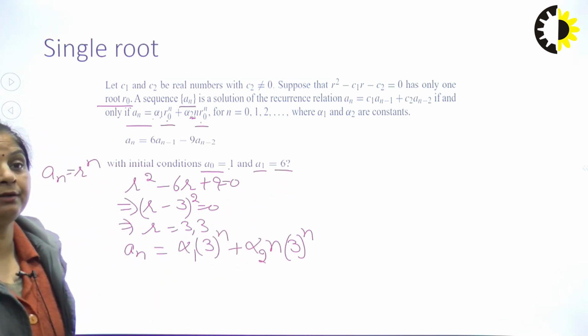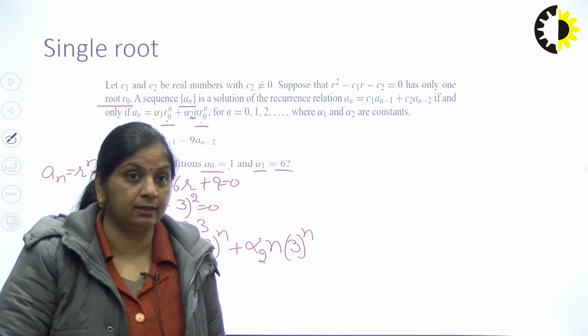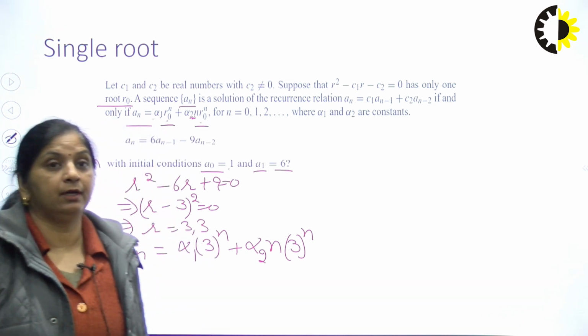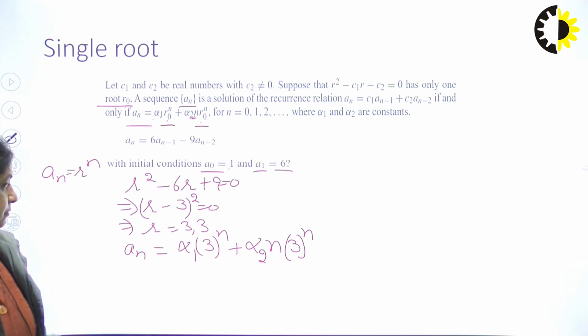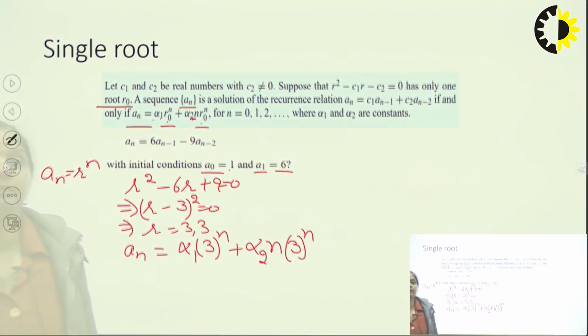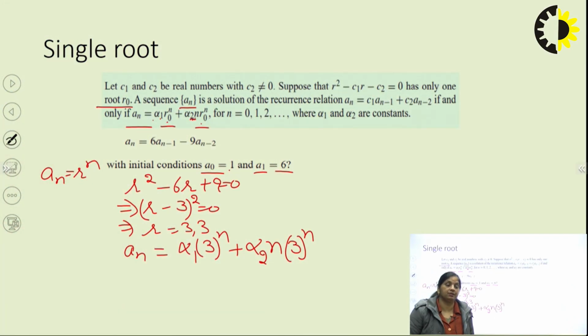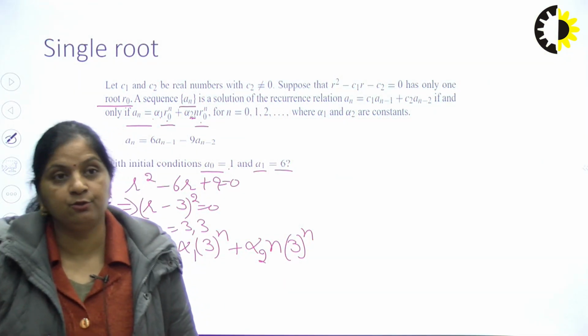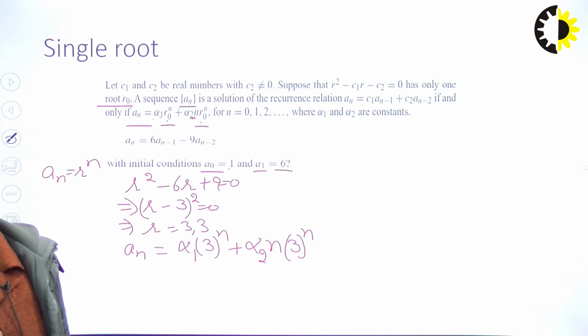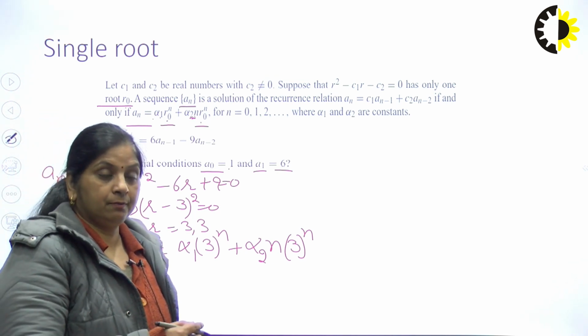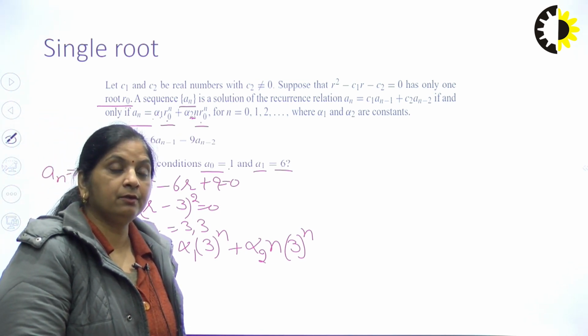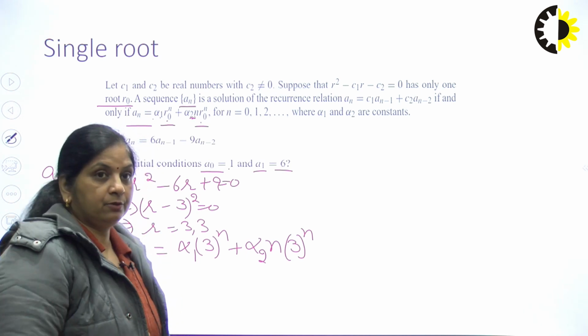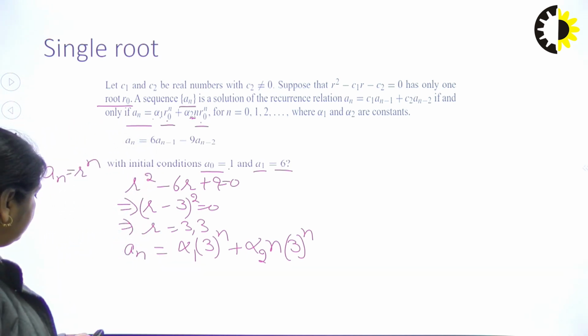By entering those values we will get the answer for alpha 1 and alpha 2. That will be the final answer. The two constants can be calculated from there. So these are the ways to solve an example with a single root or distinct roots. So let us generalize in the next slide.